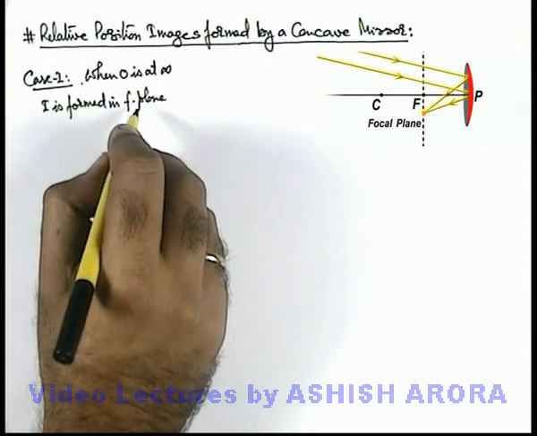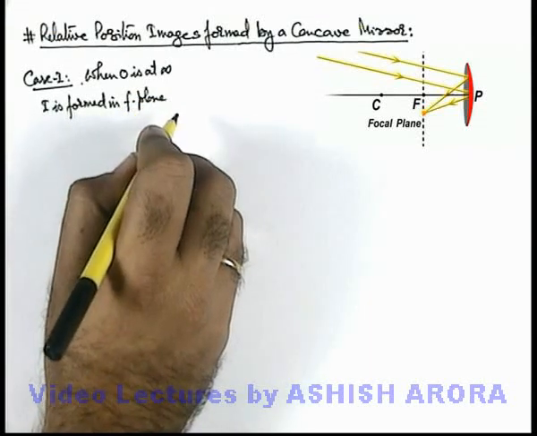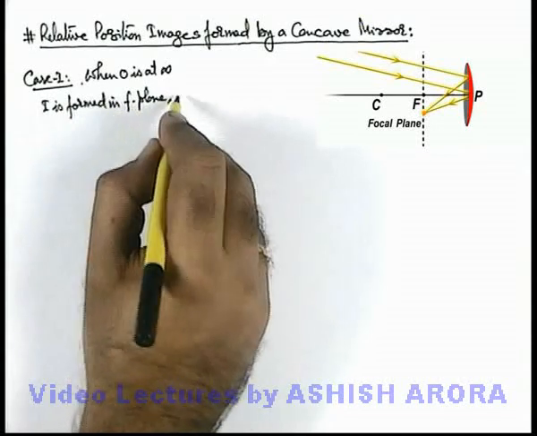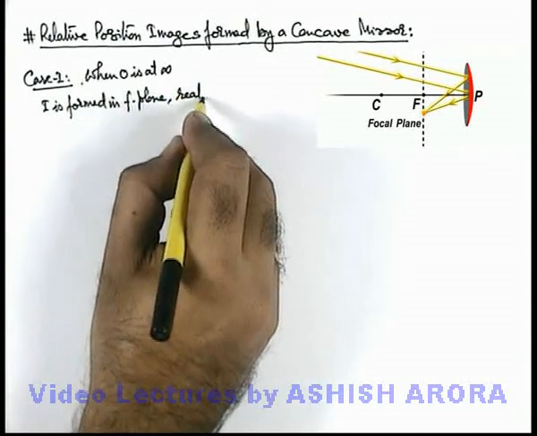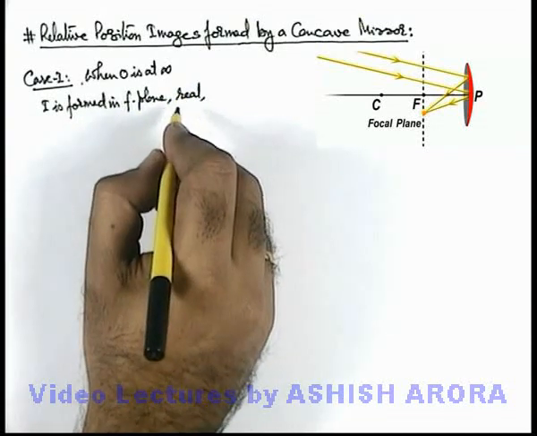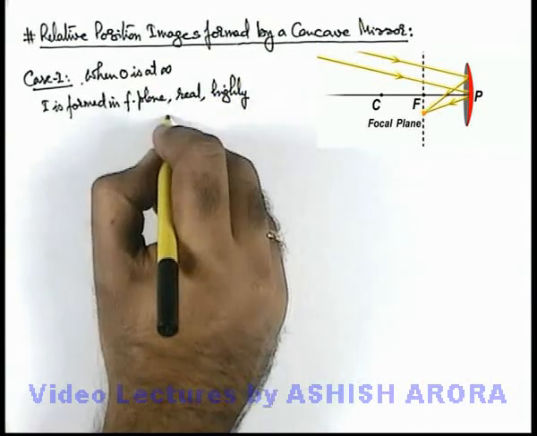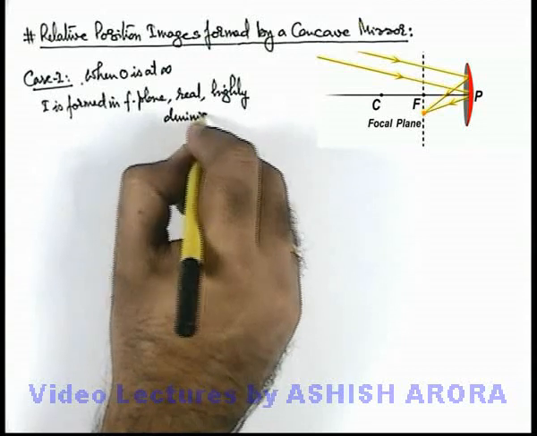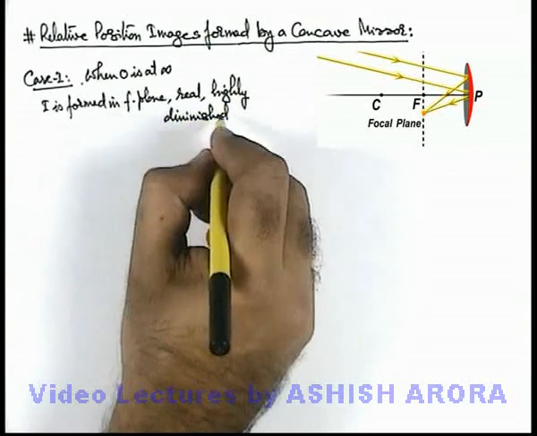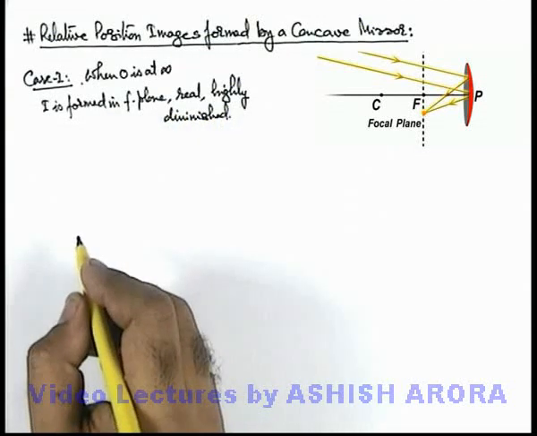And you can see that the reflected rays are all converging, so we can call it a real image. In this situation, the image can be considered highly diminished because the size of the image will be very small as the object is located at infinity.